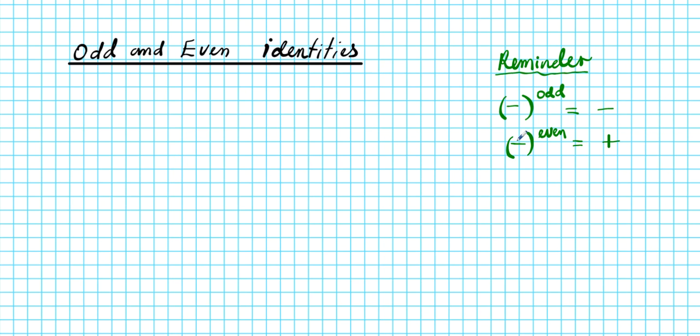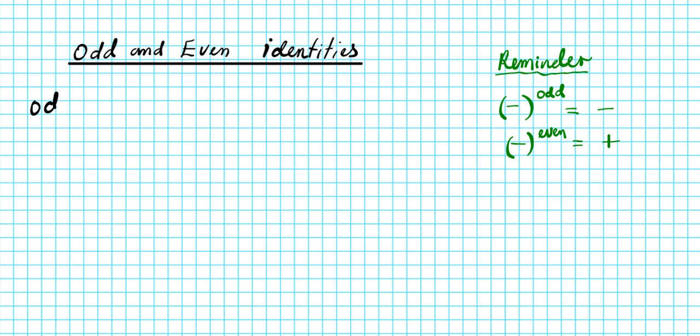However, when you input a negative for the input of an even function, you end up with the original function. It doesn't have any change on the function at all. So this pattern will manifest itself in the identities that we're about to look at.